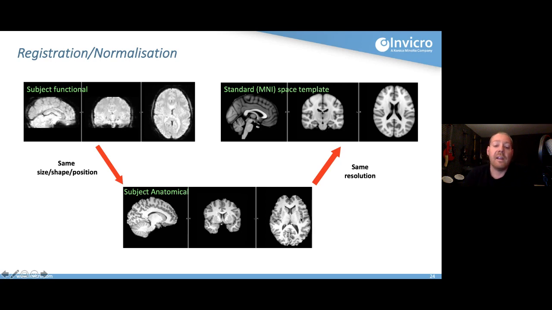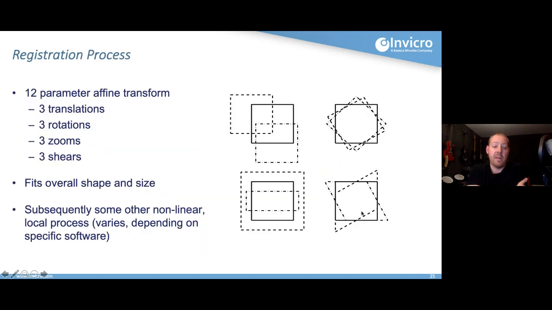And then if you put those two things together, you've almost by accident, if you like, figured out how to go from this space to this space by doing those two intermediate steps.